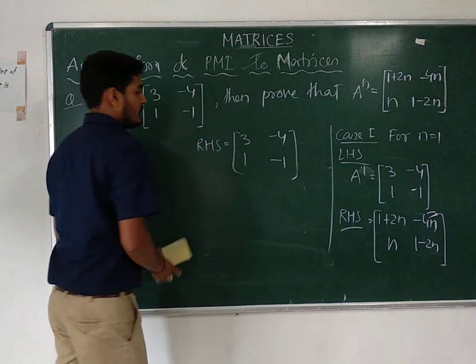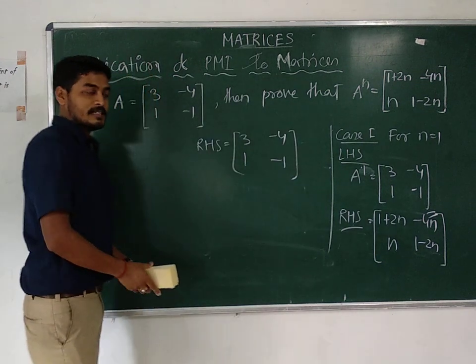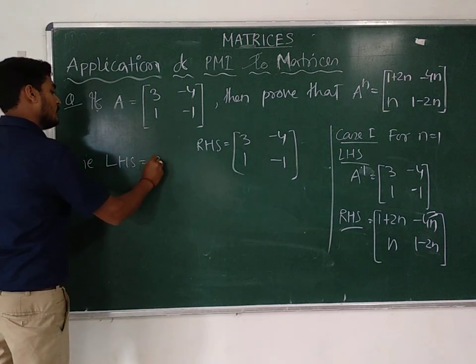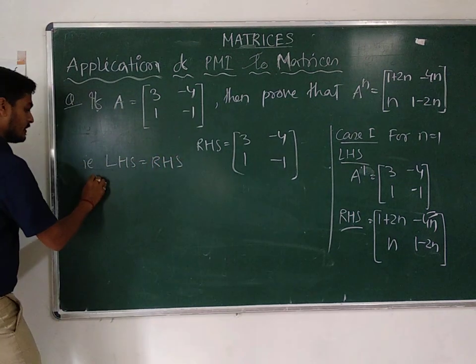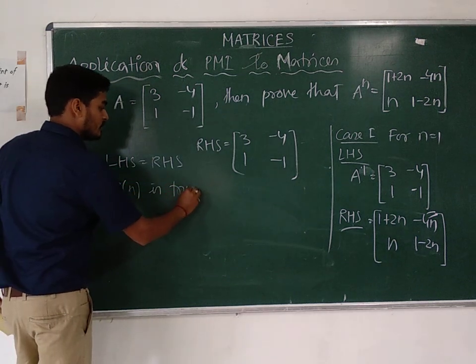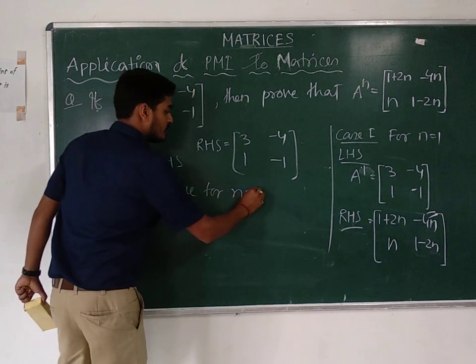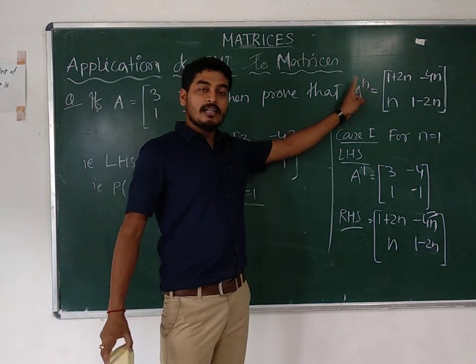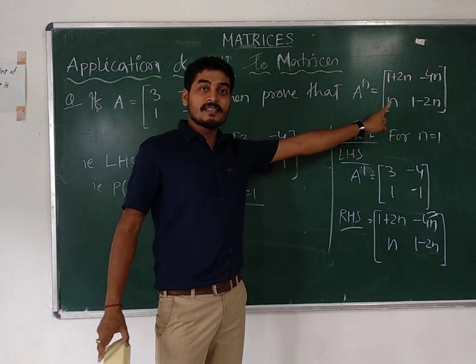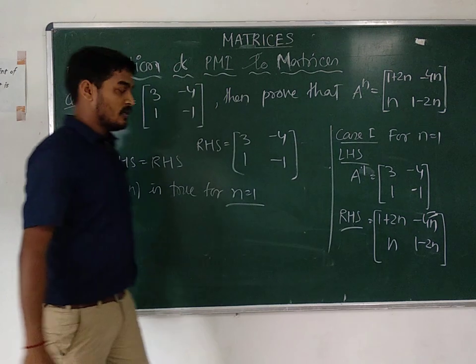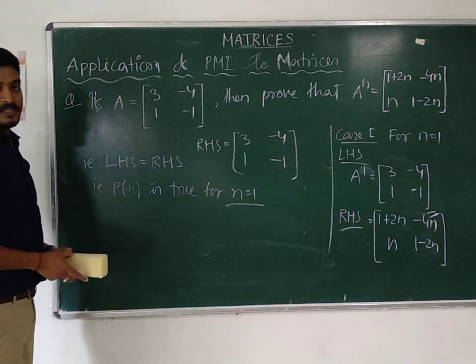What we have got is that the left hand side is equal to the right hand side. That is, P of n is true for n is equal to 1. This is the first step of the principle of mathematical induction. Okay, case 1 is finished.